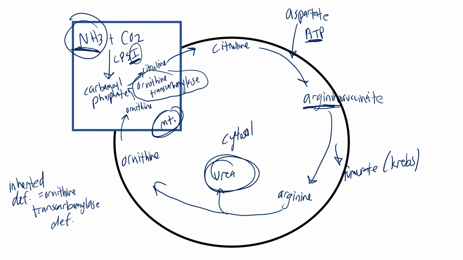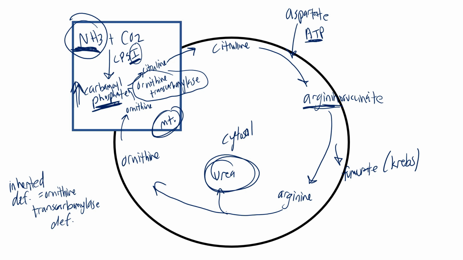So the baby will have really high levels of ammonia. They're also going to have a buildup of carbamoyl phosphate. CO2 can change somewhat, but you can also just breathe that out, so that's not really a problem here. The ammonia builds up, but the carbamoyl phosphate builds up too.